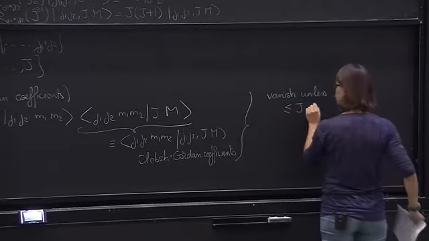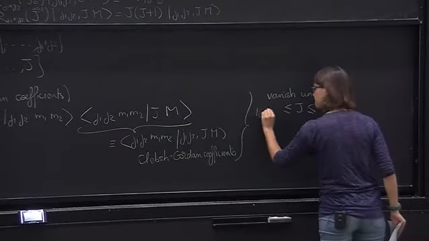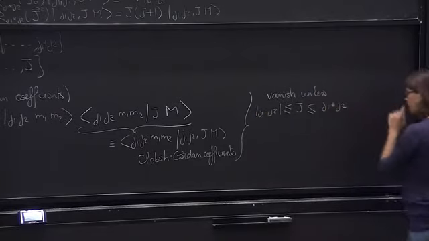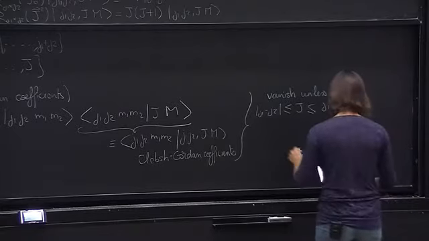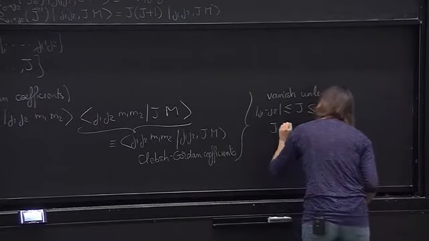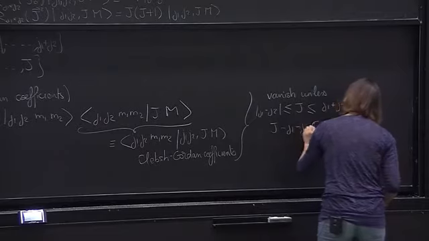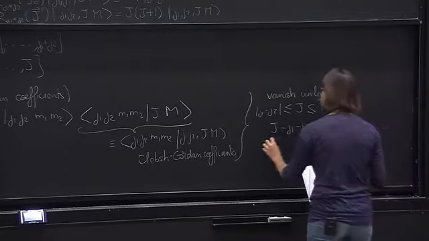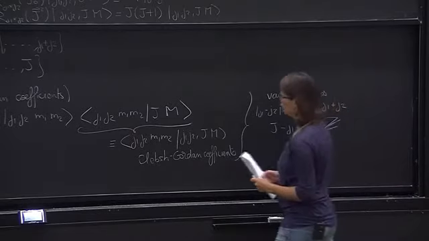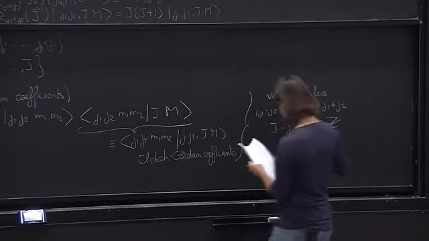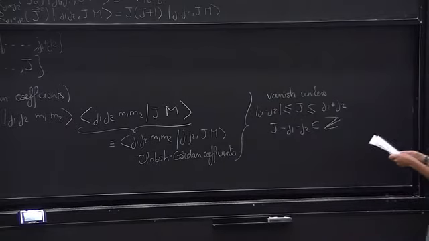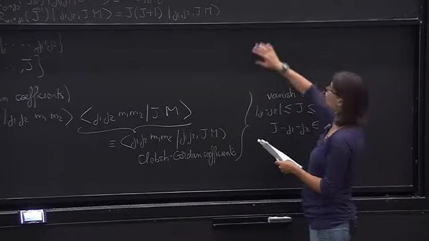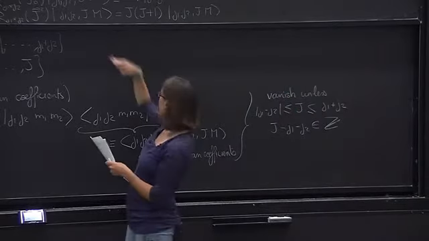So this means that I want to have this, but then you could also show that it's going to be zero if this is not an integer. These first two properties come from the fact that you decompose your tensor product here, and you get this relation.